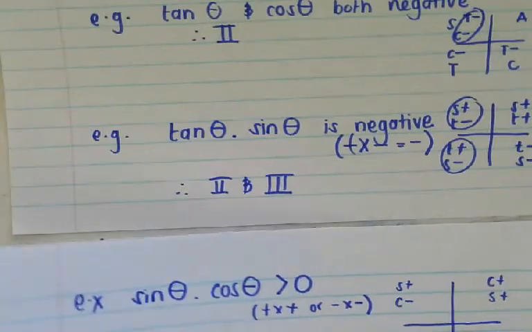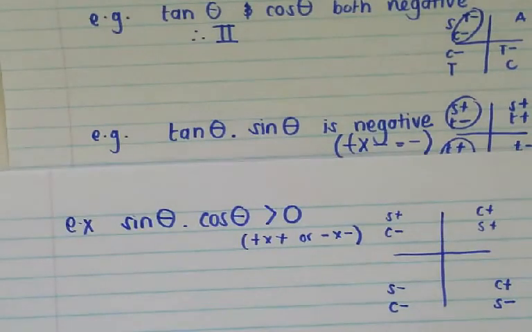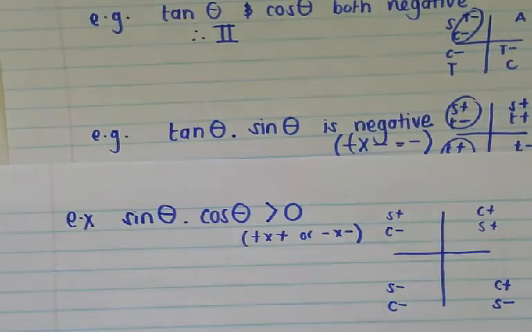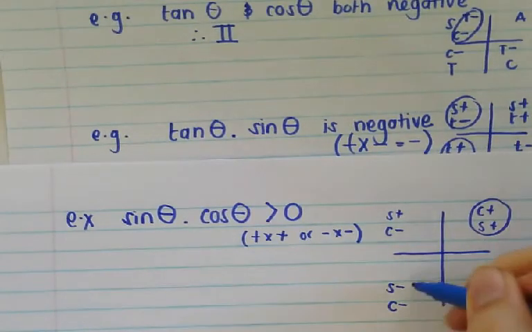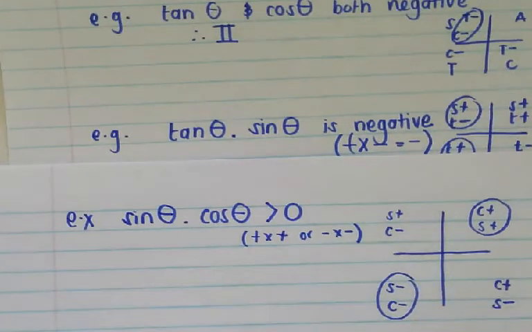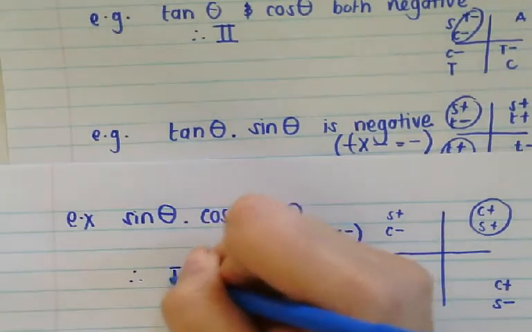So what I've done is I've written where cos and sine are positive, and now I'm looking for where the signs are the same, positive, positive, or negative, negative. So there's positive, positive, so the multiplication would still be positive. There's negative, negative, so the multiplication would still be positive. Therefore, quadrants 1 and 3.